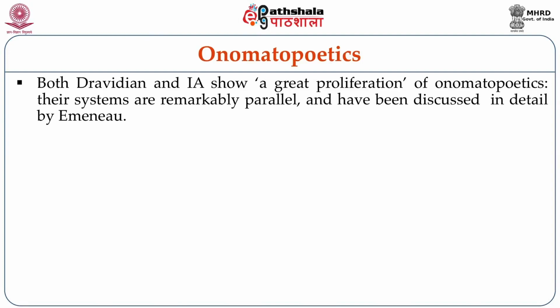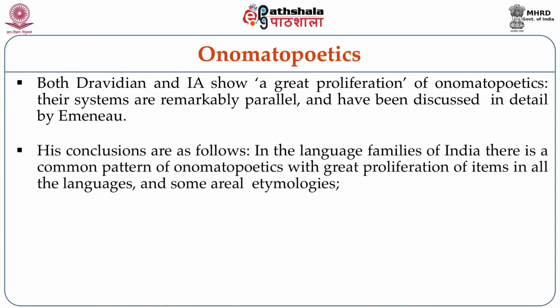Both Dravidian and Indo-Aryan show a great proliferation of onomatopoetics. Their systems are remarkably parallel and have been discussed in detail by MNO. His conclusions are as follows. In the language families of India, there is a common pattern of onomatopoeics with great proliferation of items in all the languages and some areal etymologies.